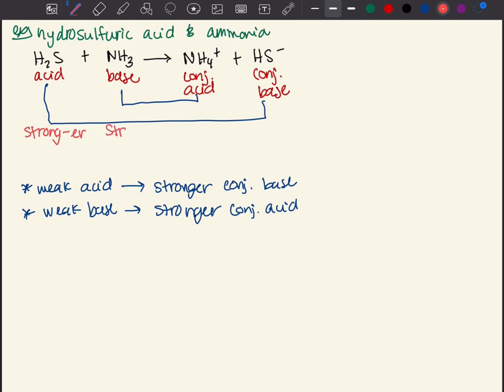Ammonia is a stronger base. Ammonium is a weaker acid. And HS minus is a weaker base. So your reaction always favors stronger to weaker.